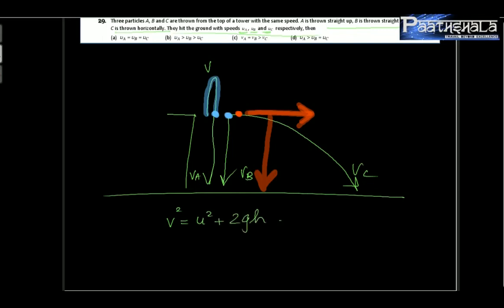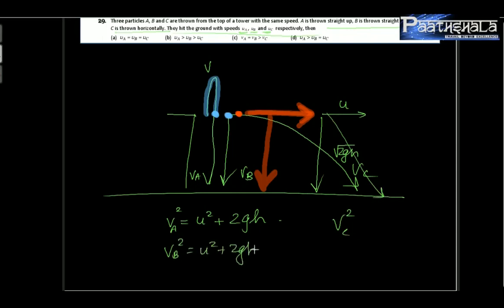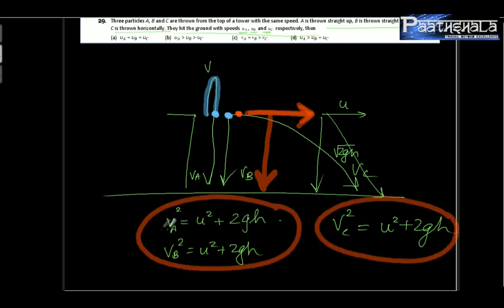So C will have the velocity component in the downward direction as root 2gh and the velocity component horizontal as u. The vector addition of both the velocity components will give u squared plus 2gh, and this is true for VA and VB. So we get a slightly intuitively surprising result that all three are reaching the ground with the same velocity. That is the answer A.